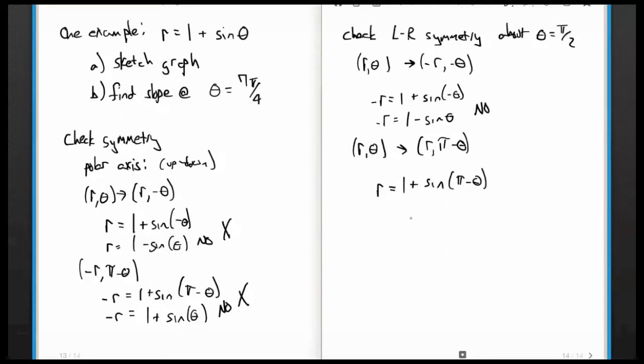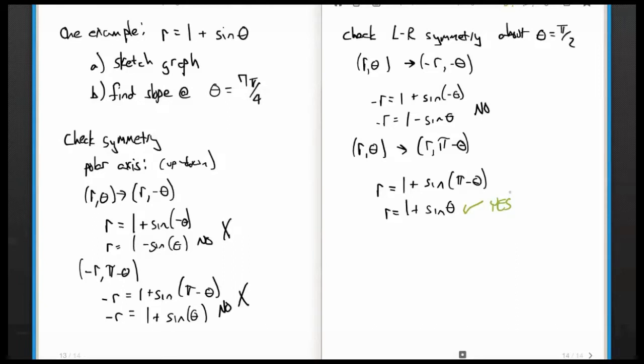Remember the angle and its supplement have the same sine, S-I-N. So that means r equals 1 plus sine theta. Holy cow, finally we got one that works. We do know that in fact this will have left-right symmetry.